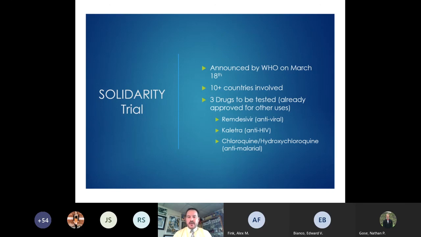And then what you've heard about, chloroquine or hydroxychloroquine, a derivative, these are anti-malarial drugs. Again, these are used as not only preventative measures, but also to treat malaria. They also, though, happen to be immunosuppressive, and so they're used for people with lupus and rheumatoid arthritis.